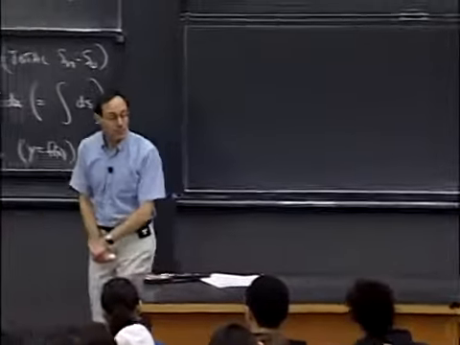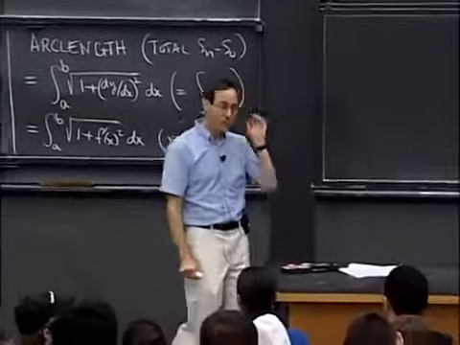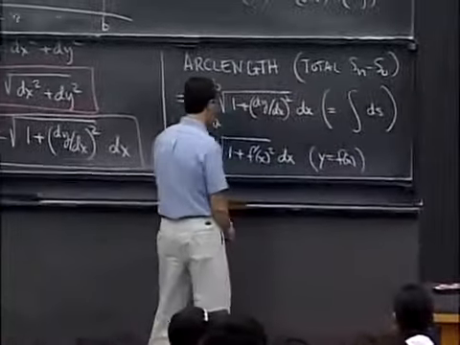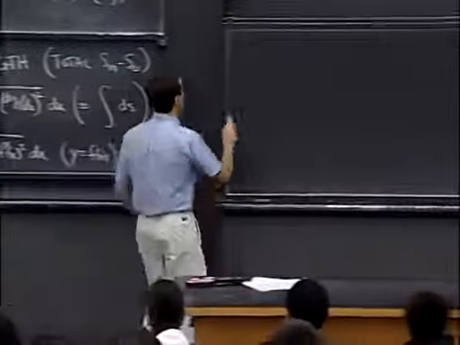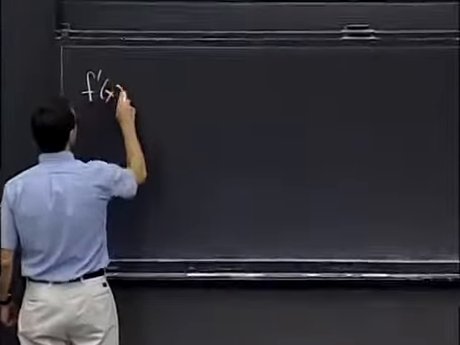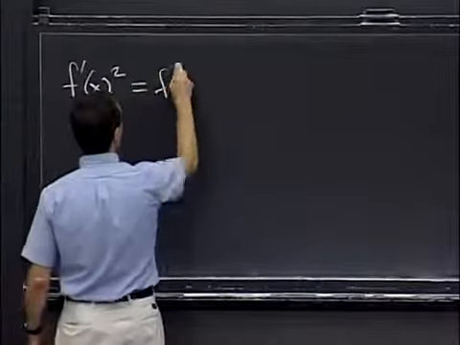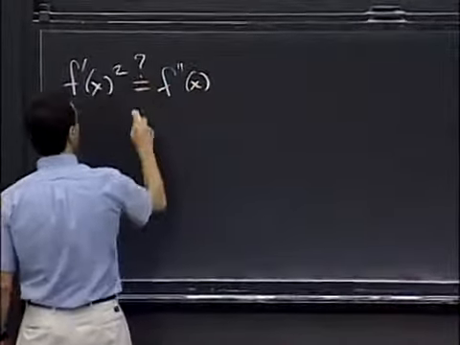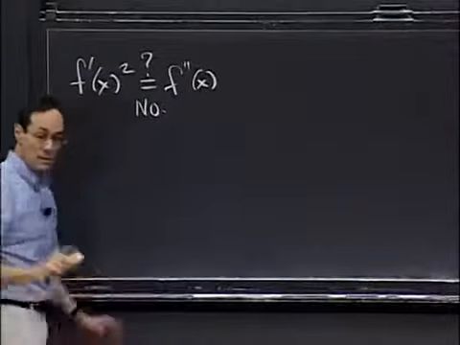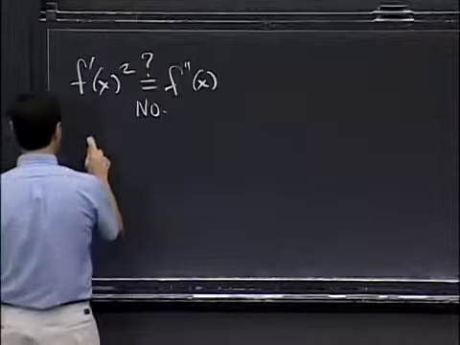Yeah, question? When it says f prime squared, is that supposed to be the same as f double prime of x? Okay, the question is whether f prime of x squared is equal to f double prime of x. And the answer is no. Let's just see what it is.